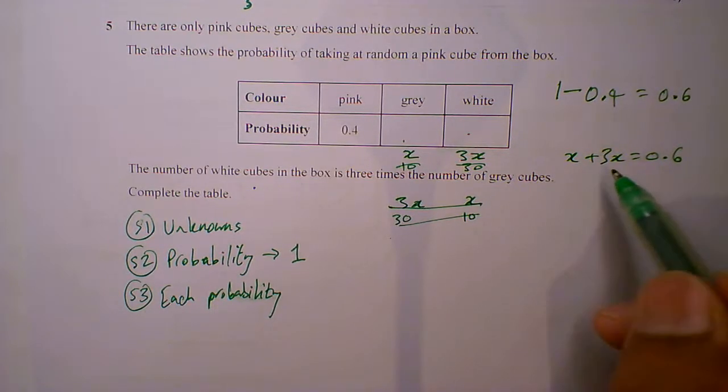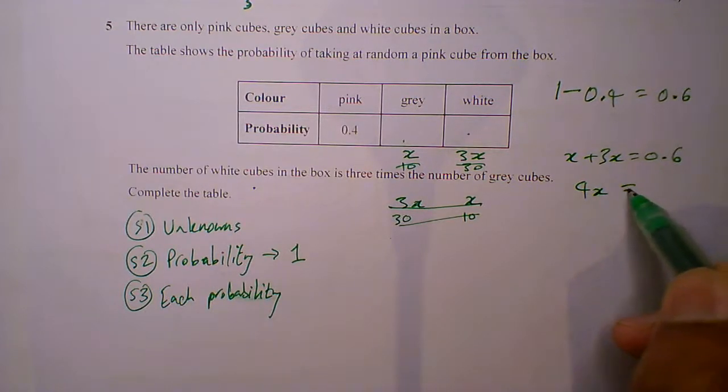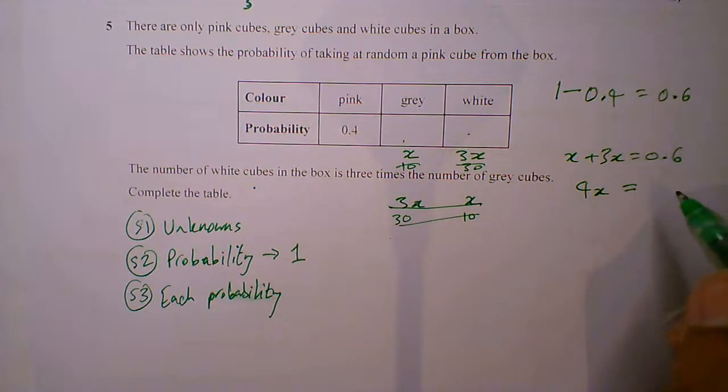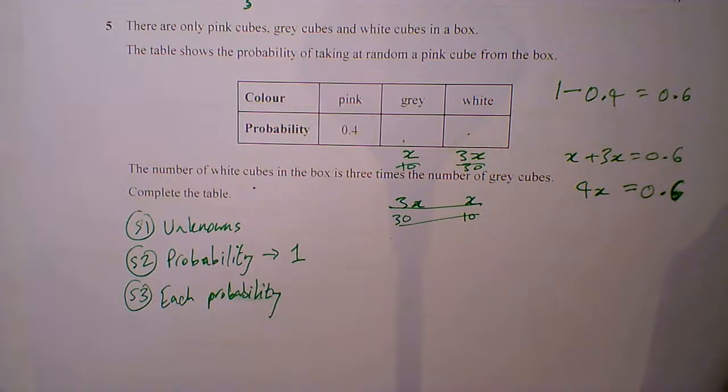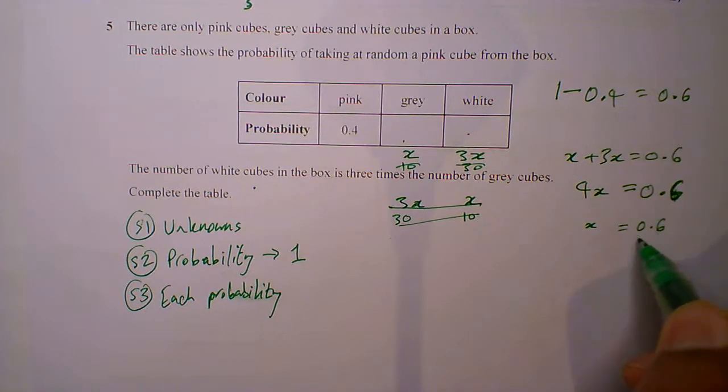So 3x plus 1x is 4x, which equals 0.6. And now I need to divide by 4. x equals 0.6 divided by 4.